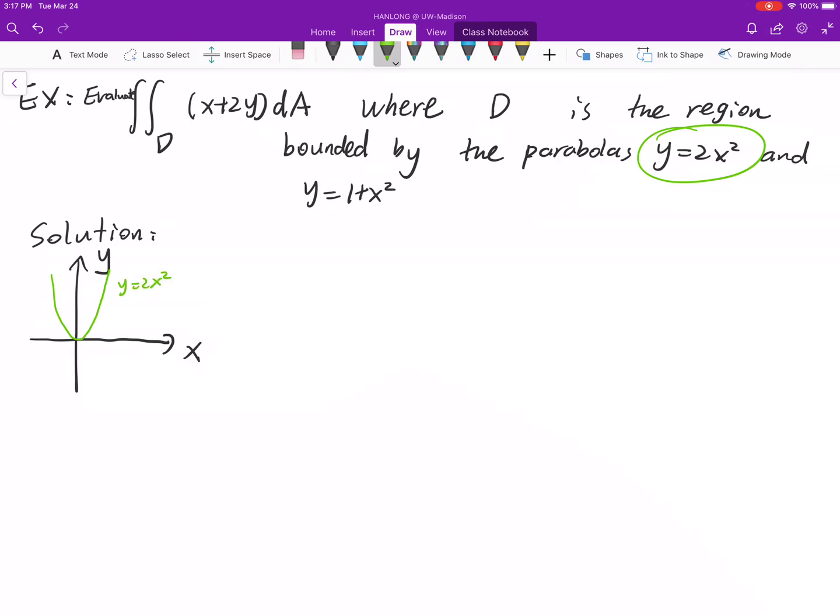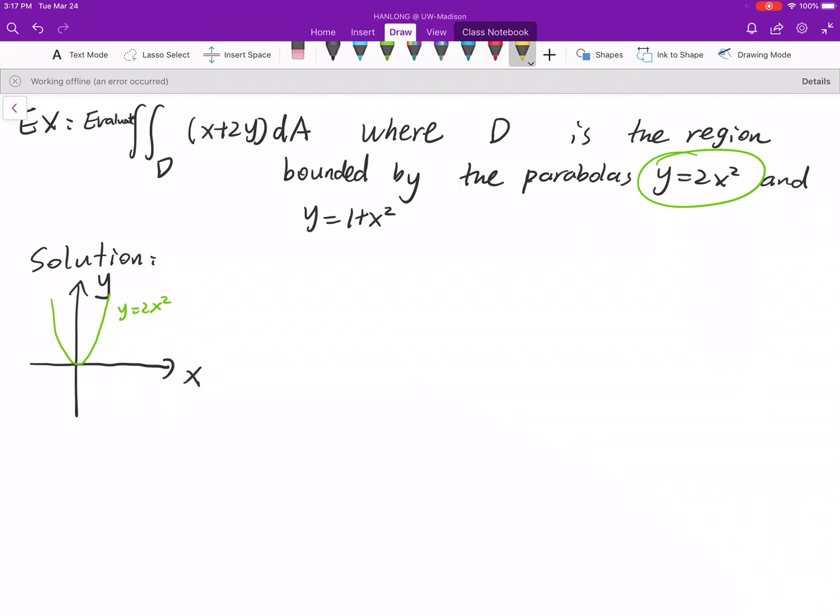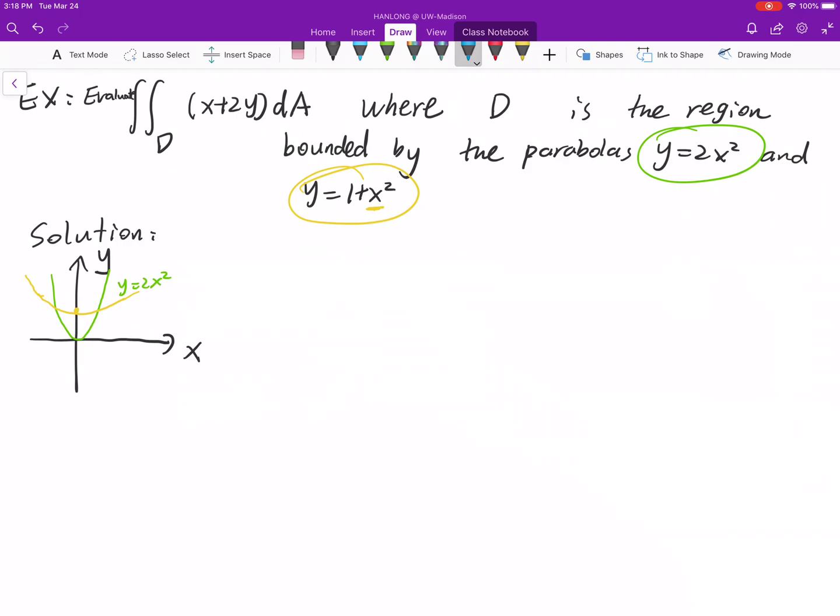And then this one, starting from 1, and because the coefficient before x squared is smaller, so you will have this. Okay, then the region D is given by this.